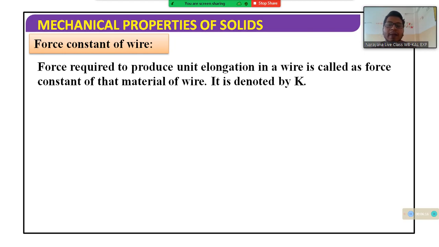I also repeat, the force required to produce unit elongation in a wire is called the force constant of the material of the wire.